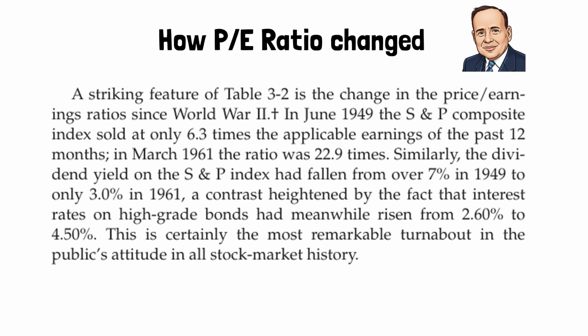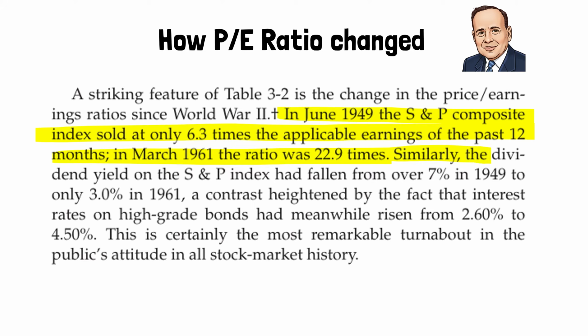A striking feature of the table is the change in the price-earnings ratios since World War II. In June 1949, the S&P Composite Index sold at only 6.3 times the applicable earnings of the past 12 months. In March 1961, the ratio was 22.9 times.